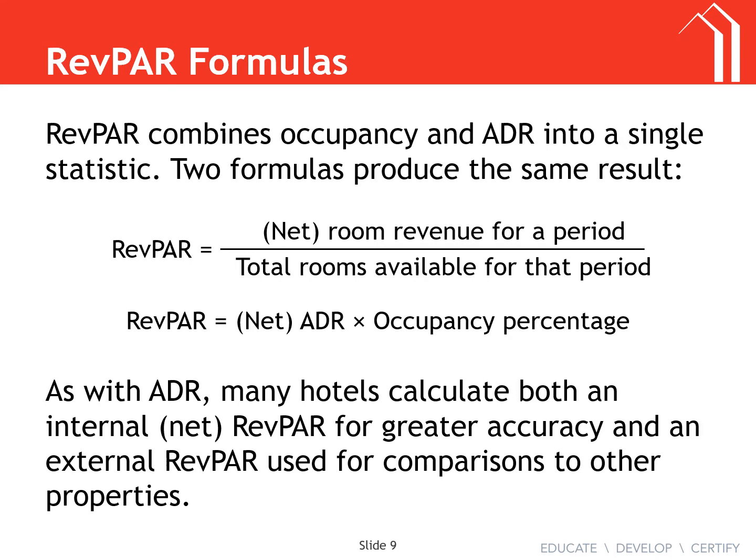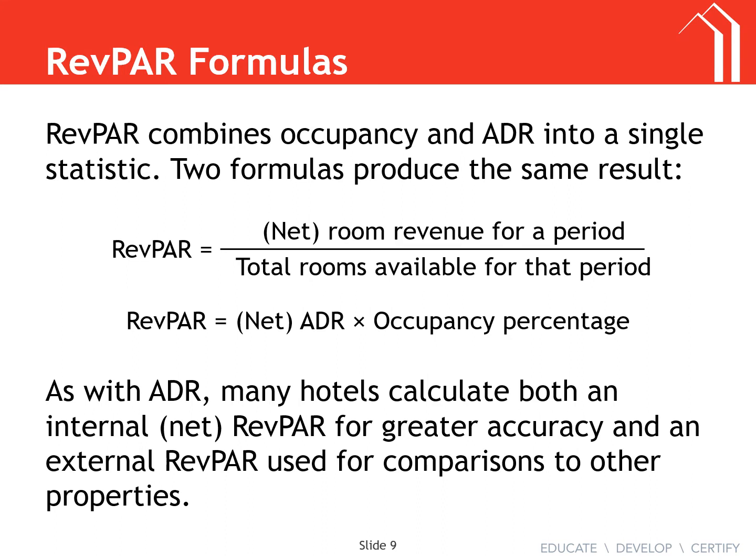It evaluates business success as well as realizing business potential. Also, RevPAR is used to compare statistics on different nights when we have different rates and occupancy percentages. The formulas are: RevPAR equals net room revenue for a period divided by total rooms available for that period. And RevPAR also equals the net ADR times the occupancy percent. Absolutely.